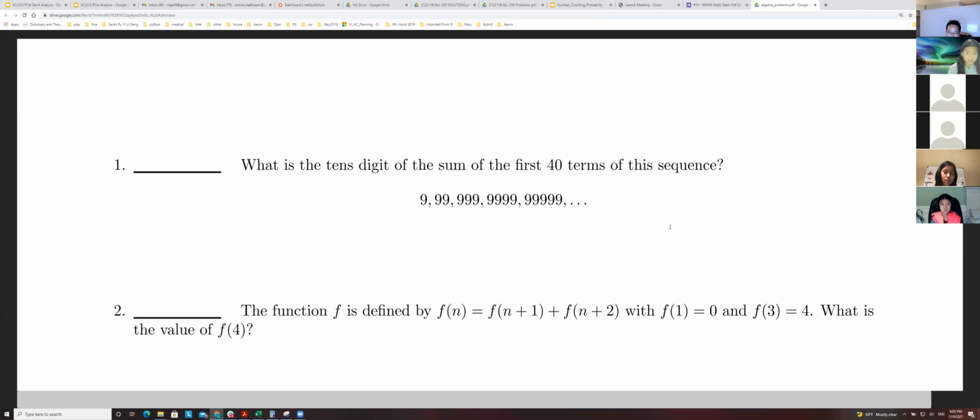But since the first 9 doesn't have a 9 in the 10's digit, you subtract 90 from the 3600 and you get 3510. You add them together, the 10th digit is 7. So the 10th digit of the sum of these is 7.